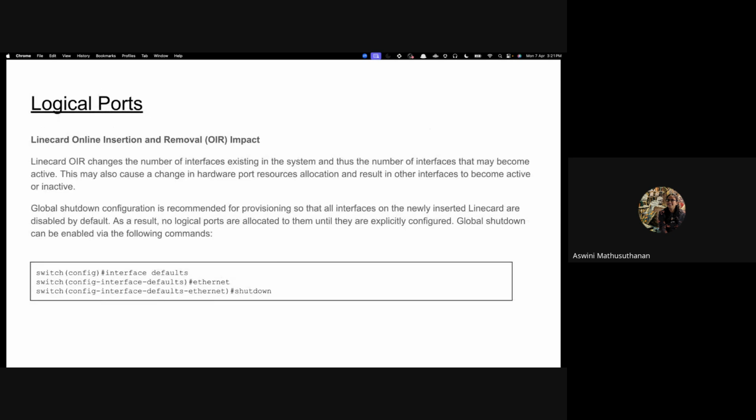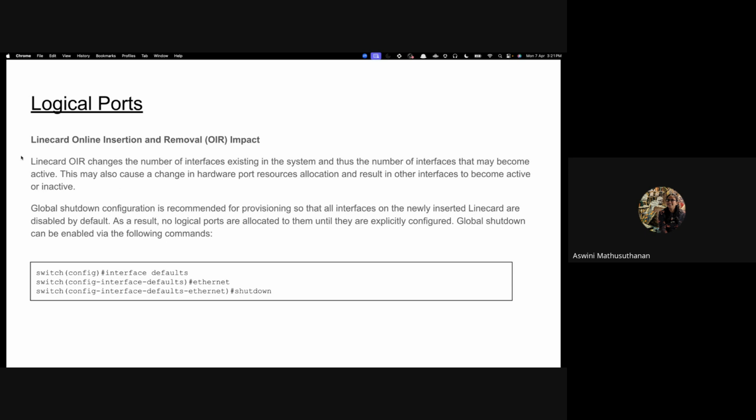Also, remember how I told you the lower number line cards will get preference, even though the higher number line cards are installed in the chassis before it. Assume we had line card 5 inserted in the chassis already, with some configuration and working. Then there is a need for line card 2 to be inserted now.